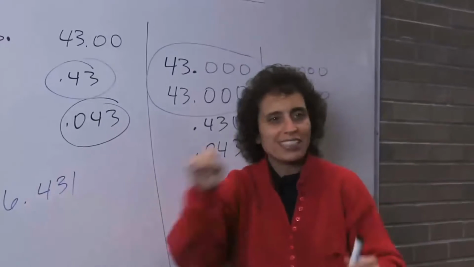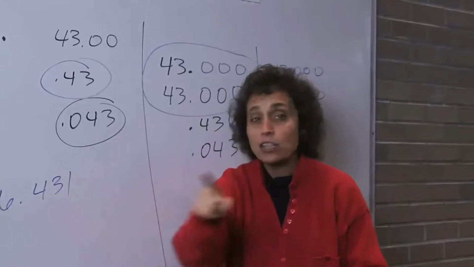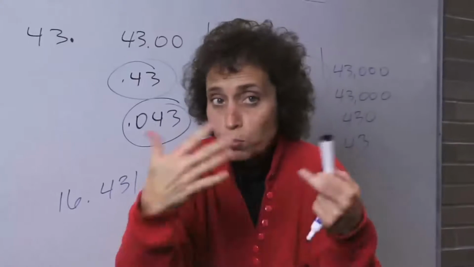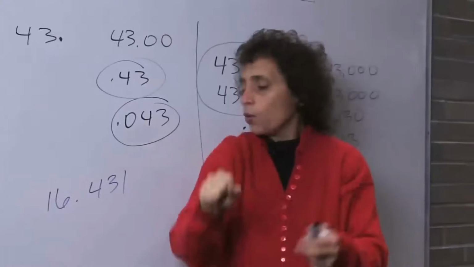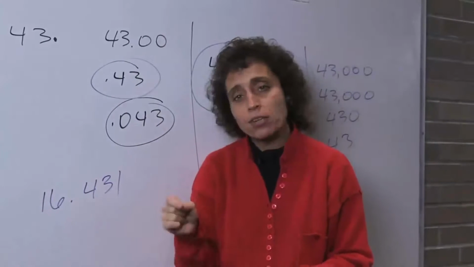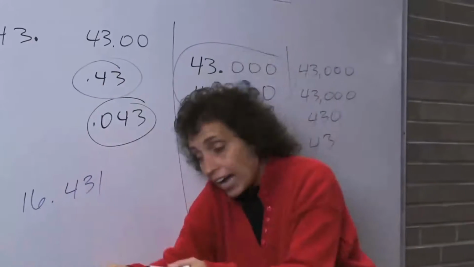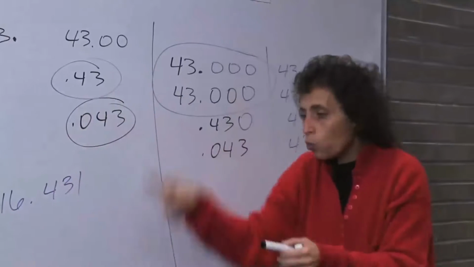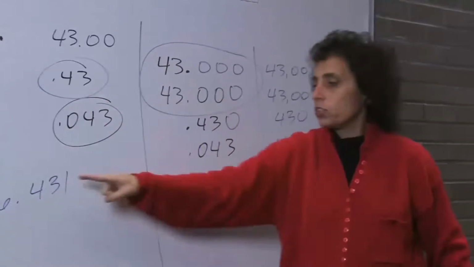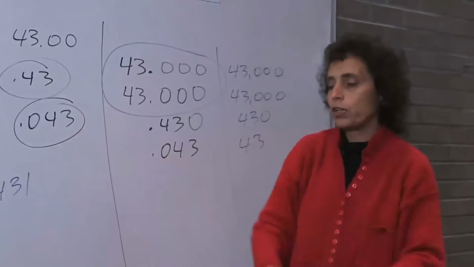I see the decimal, that's 'and': 16 and. That's why we didn't put 'and' in that first module when we were writing numbers. We said that an 'and' meant something else. Well, the something else is this decimal. 16 and 431 thousandths, because it's ten hundredths, thousandths. So that's how you read and write decimals.